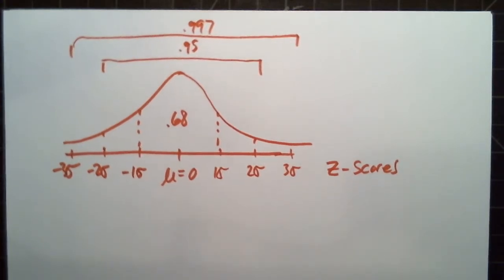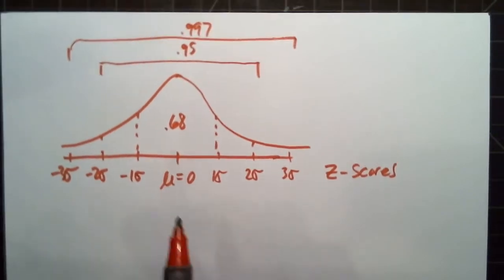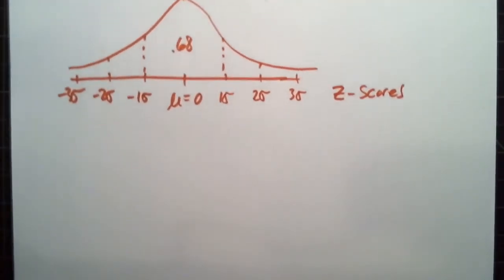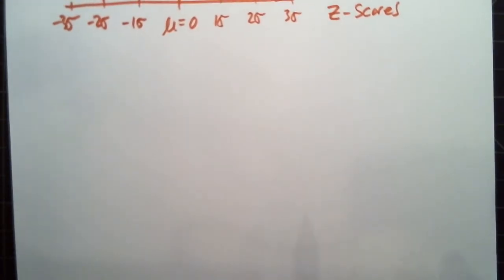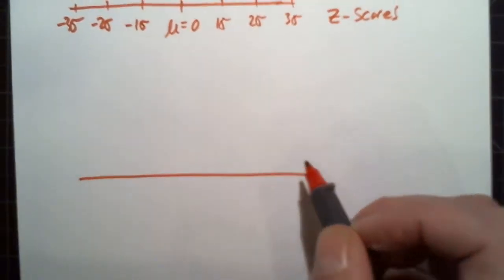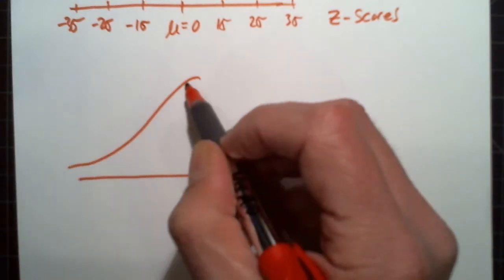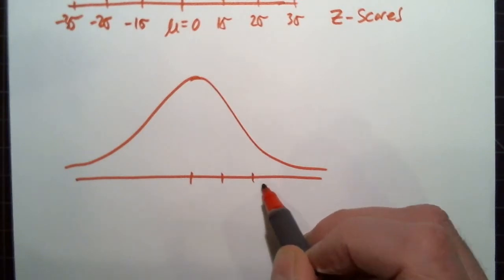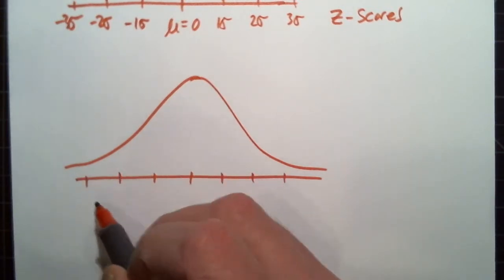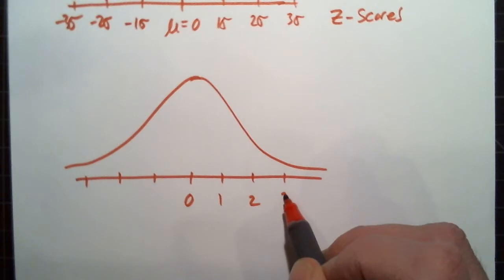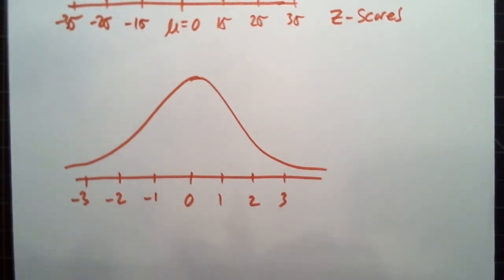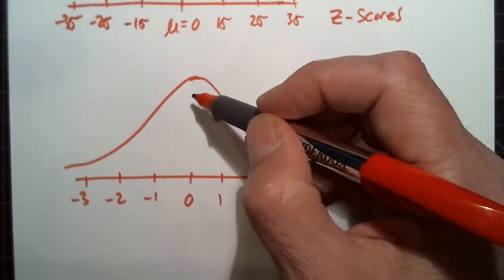So let's look at this. We do need to know the numbers in each of these parts for the types of questions that we're going to get. So when we write it like this, these are standard deviations, but they're also z-scores, z-score of 1.